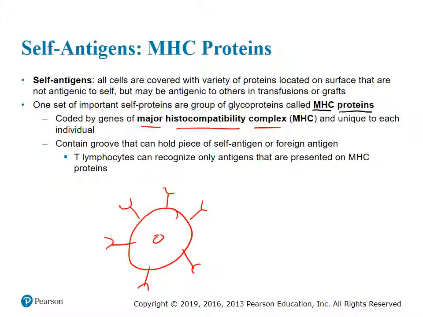So when our immune system cell is here, and it's got a receptor like that, and let's say there's more of them here, more of them here, more of them here.